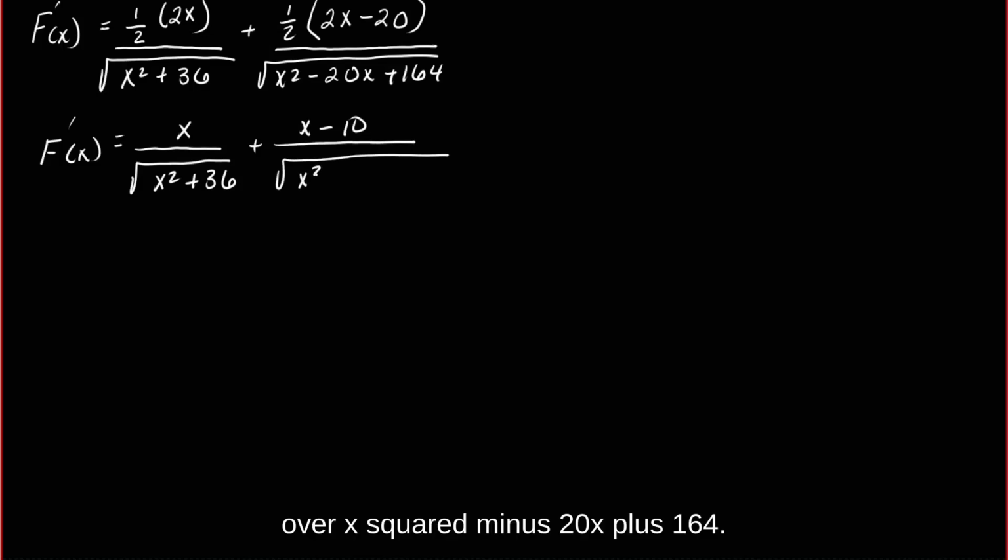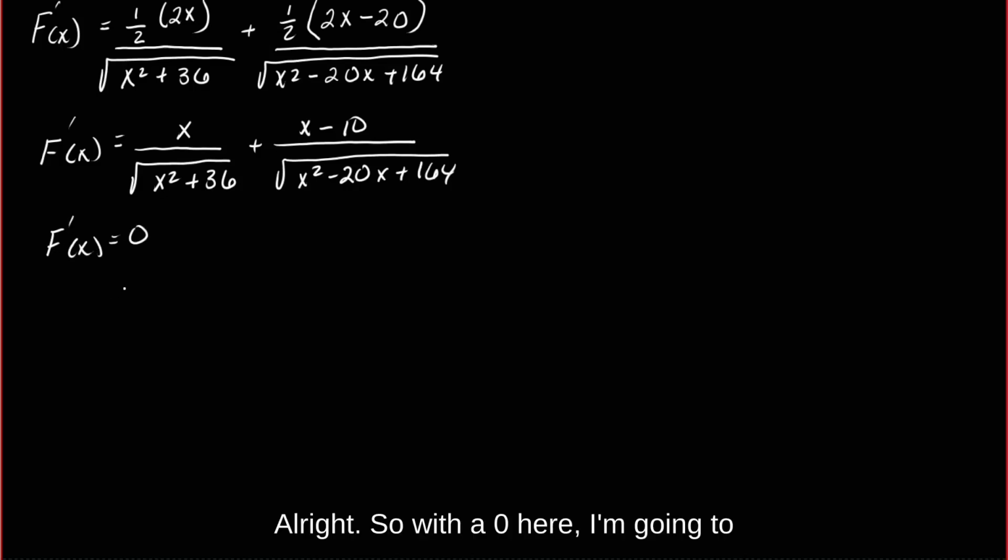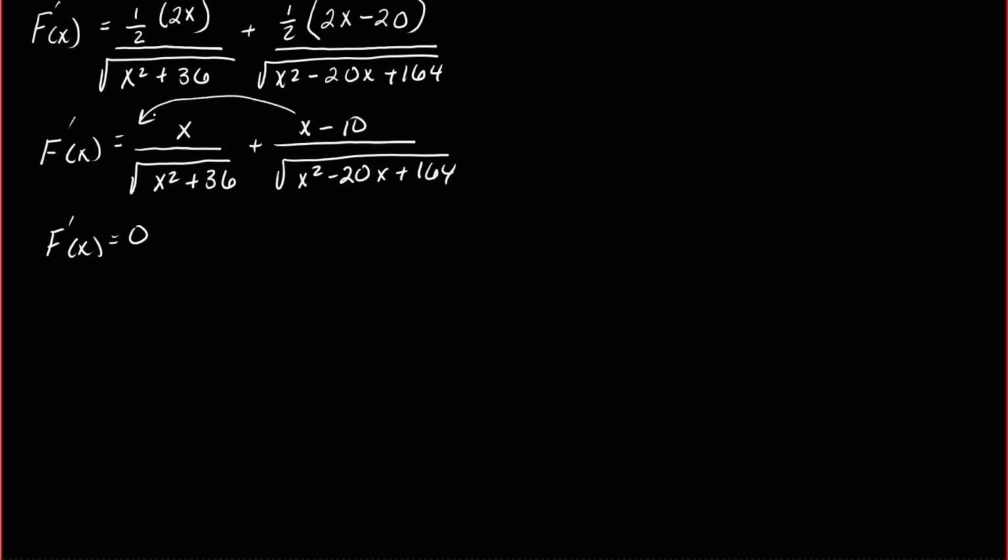Over x squared minus 20x plus 164. I'm going to set my f prime of x equal to 0. With a 0 here, I'm going to bring this to the other side.